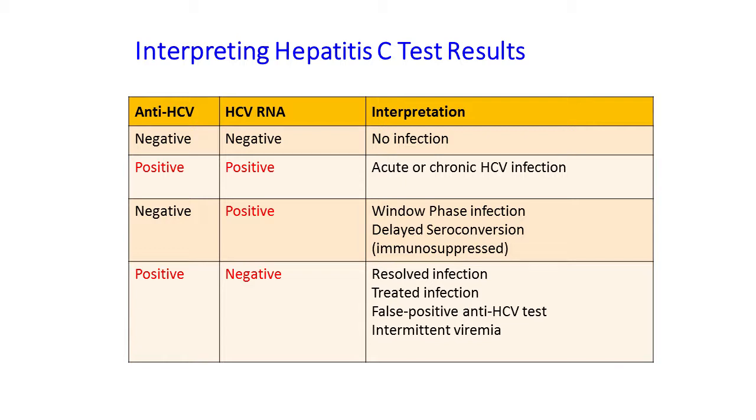A positive antibody test and a positive RNA test indicates either acute or chronic HCV. Finally, reactivity to anti-HCV but HCV RNA not detected indicates either resolved infection, a treated infection, a period of intermittent viremia, or a false positive antibody test.